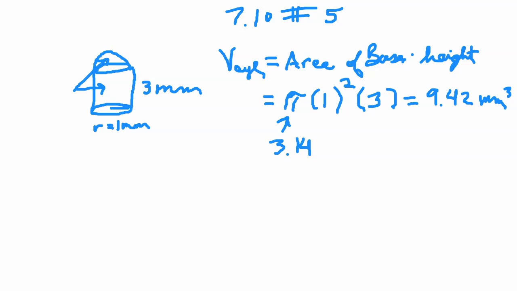The radius is 1 and the height is 3, so it should be pi times 1 squared times 3. 1 squared is 1, so it's 3.14 times 1 times 3. Okay, I made a mistake there.